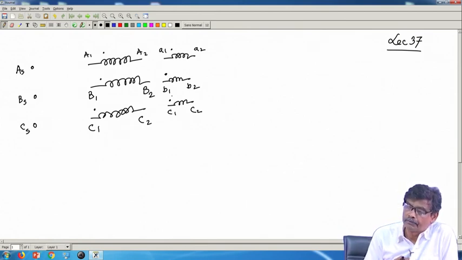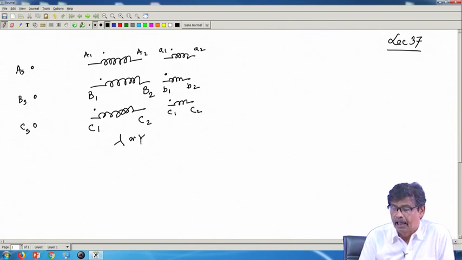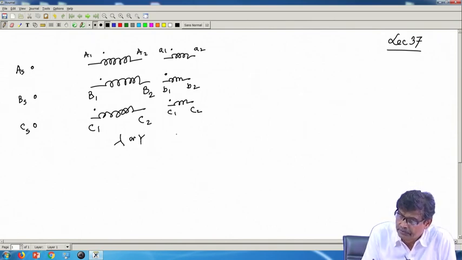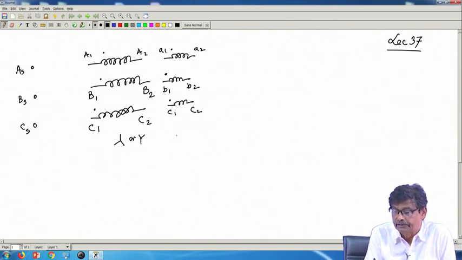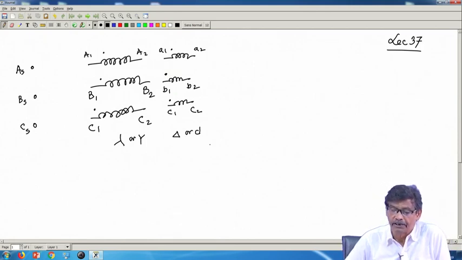So, suppose I say that I will connect the transformer primary in star, or Y, and the secondary I would like to connect in delta, which is written as small d. Okay. And I will of course make valid connections.